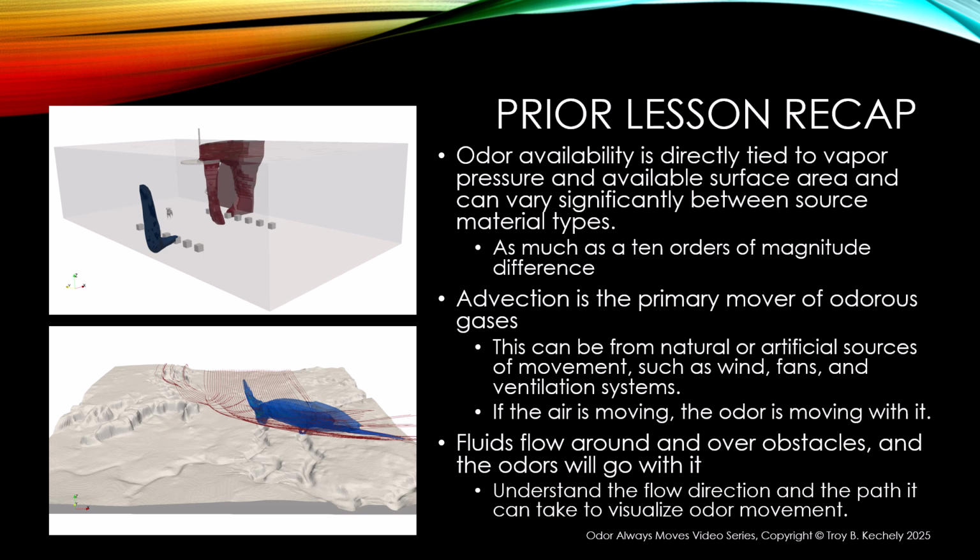But the bottom line is, if the air is moving, the odor is moving with it. Remember that air is a fluid, so it flows around and over obstacles, and the odor will go with it around and over those obstacles. Understanding that and how those obstacles affect it can help you visualize odor movement in the environment you're working in.